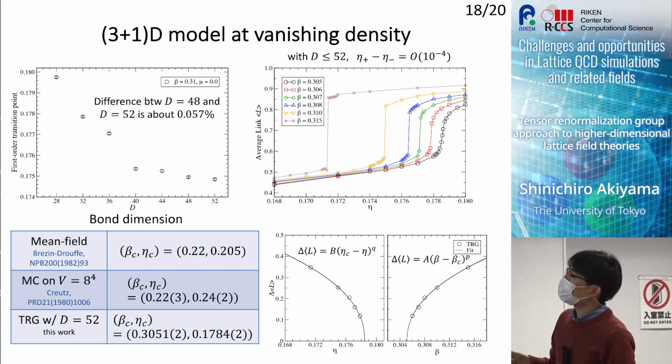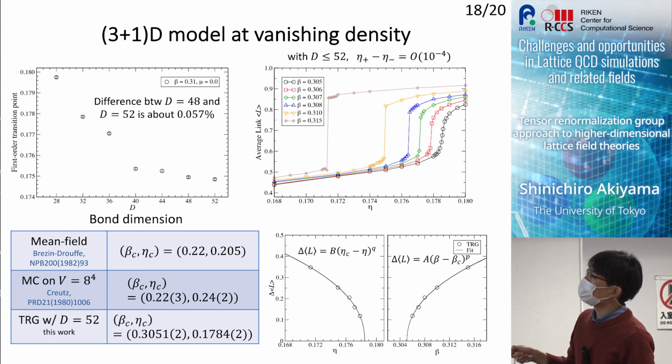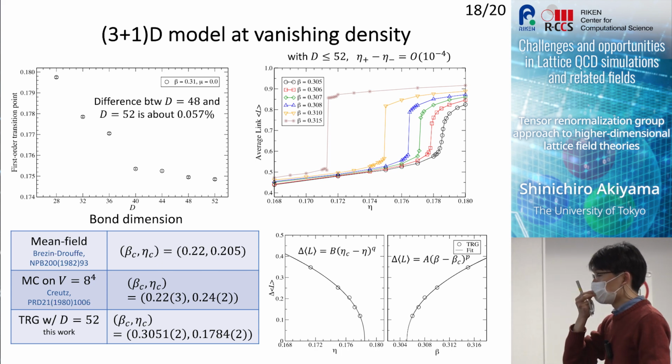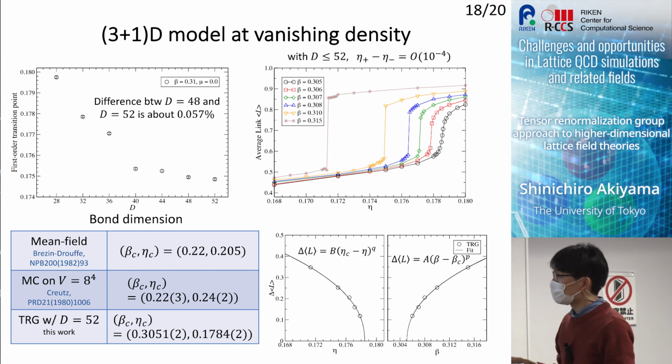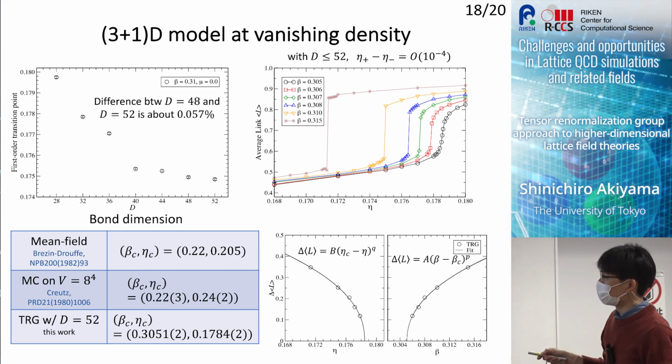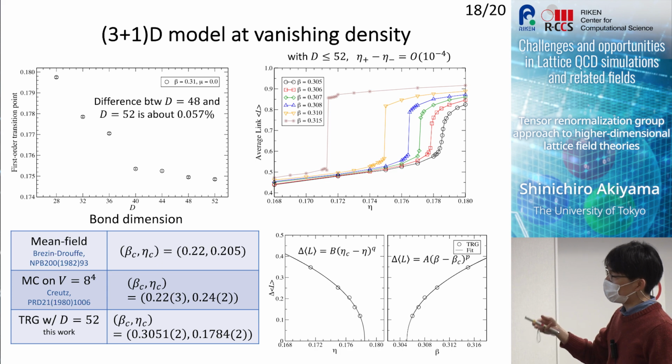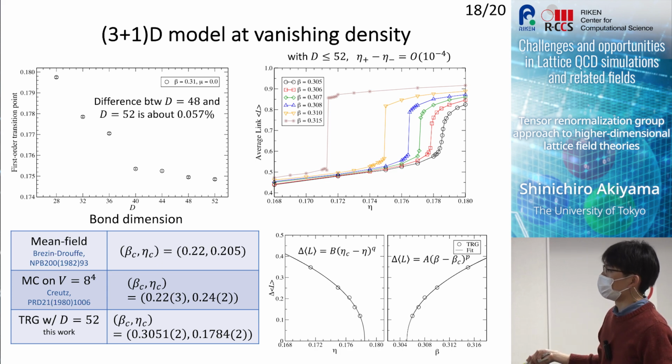And in this case, again, I'm showing the first order transition point as a function of the bond dimension. And the behavior of the transition point as a function of the bond dimension is very different from the three-dimensional case. And we are encountering a little bit higher finite bond effect compared with the three-dimensional case.